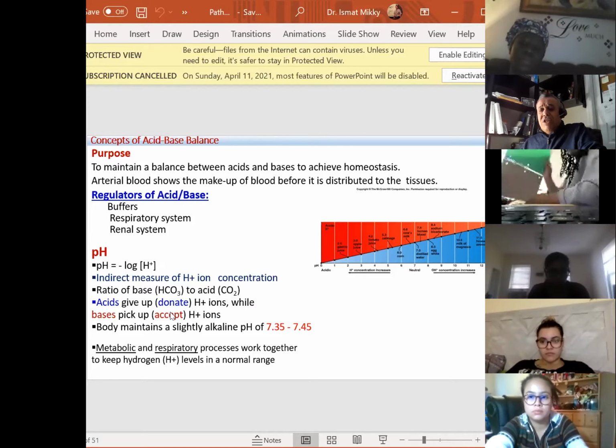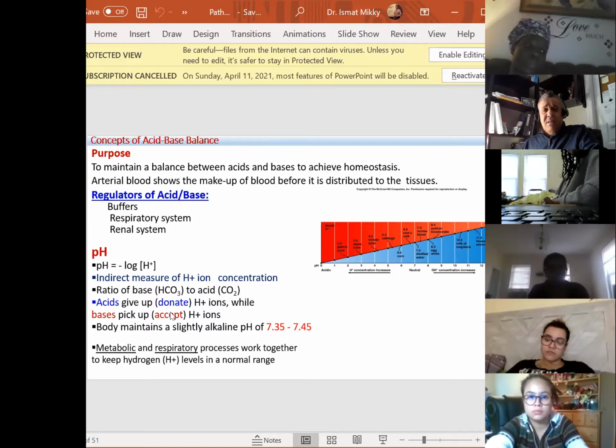There are a lot of physiological functions that rely on the acid-base balance, given all the physiological functions that you covered in other courses, and you can also review the content from the book.